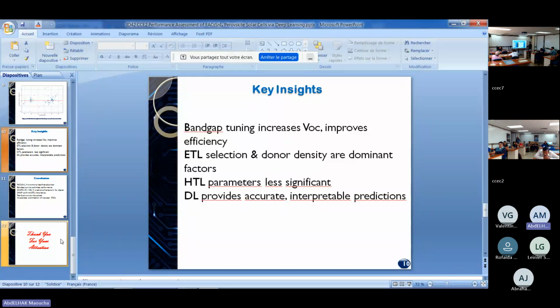It's less significant, not the first. The ETL is the most significant parameter with the band gap tuning. Yes. Please check the HTL results that you have obtained, and you can revise your results.